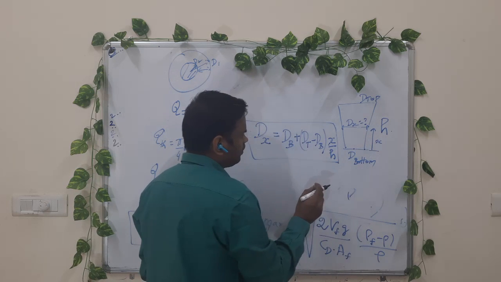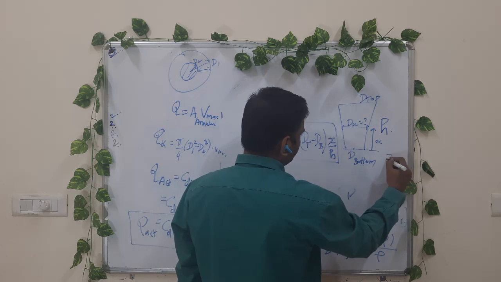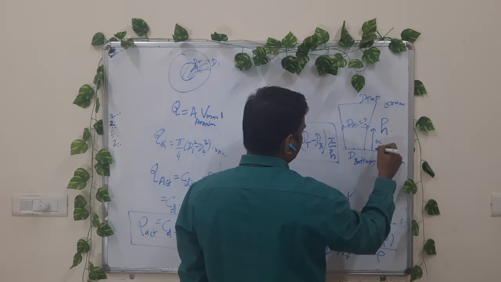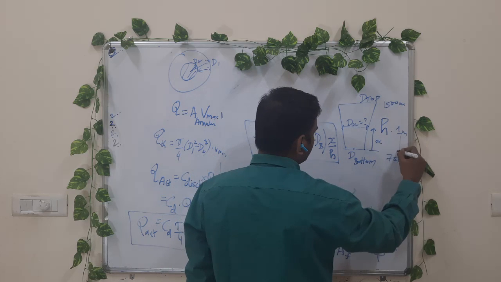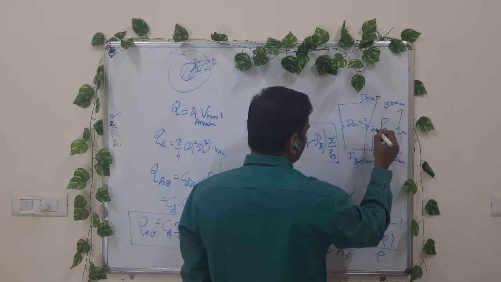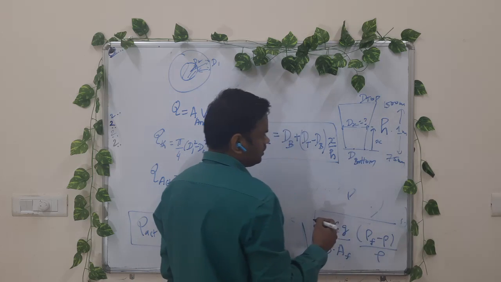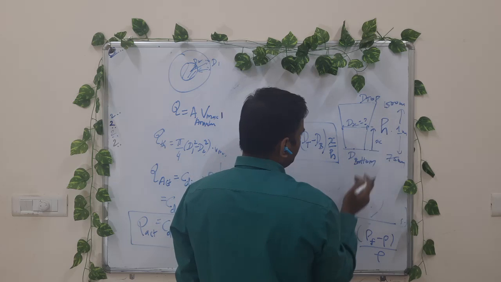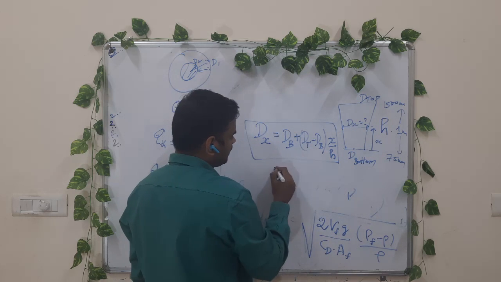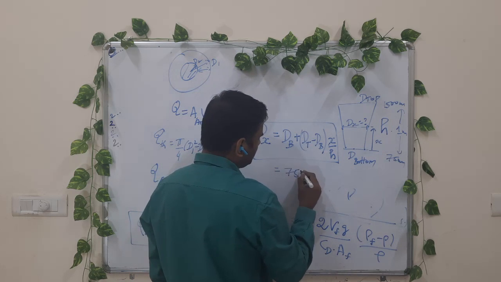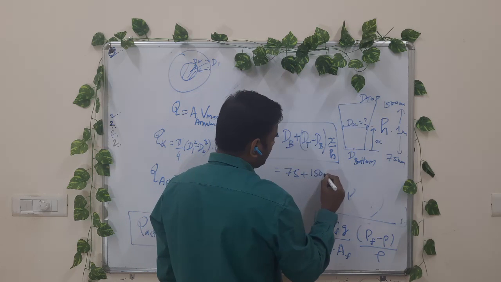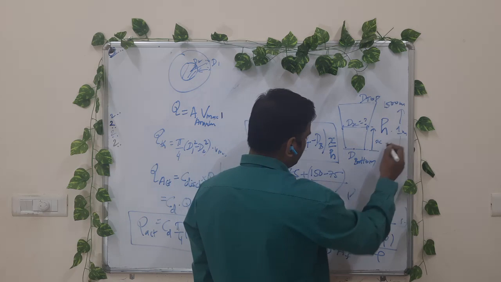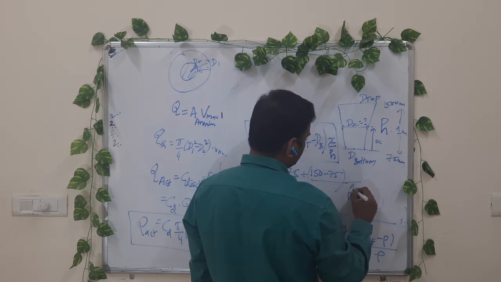For example, say the bottom is 75 mm and the top is 150 mm, and let the height be 1 meter. What will be the diameter at exactly 0.5 meters? It is 75 mm plus (150 minus 75) times 0.5 divided by the total height of 1 meter.